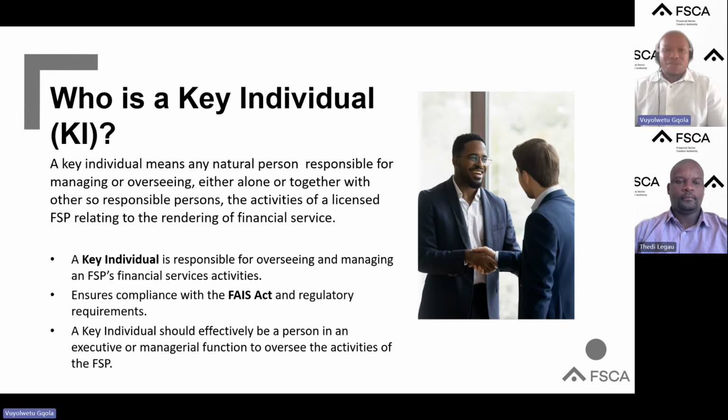A key individual is responsible for overseeing and managing an FSP's financial services activities. The key individual needs to ensure compliance with the FAIS Act and regulatory requirements. A key individual should effectively be a person in an executive or managerial function to oversee the activities of the FSP.